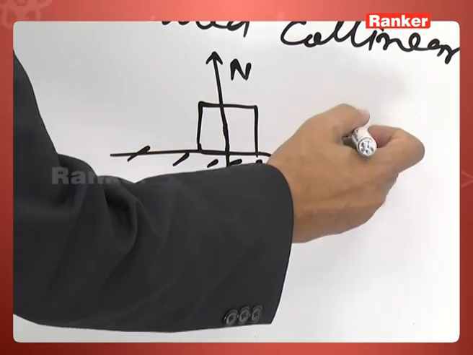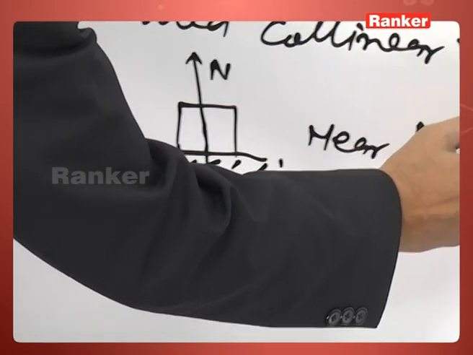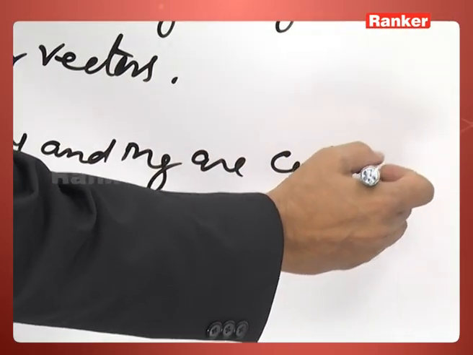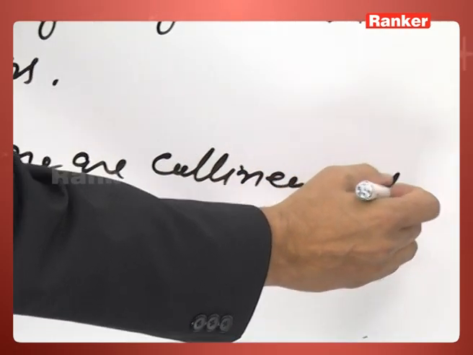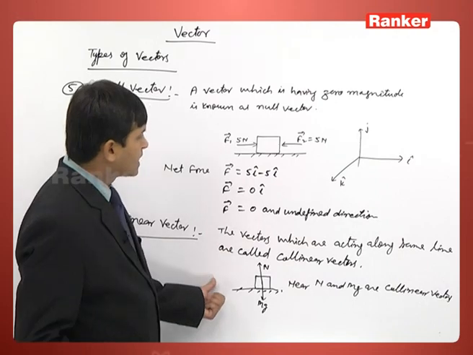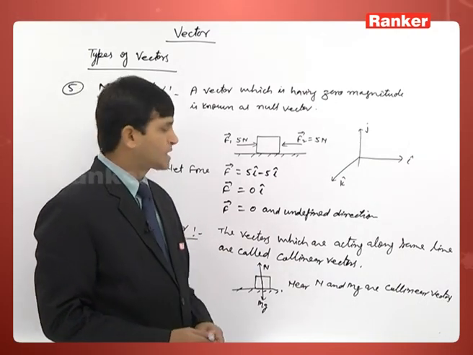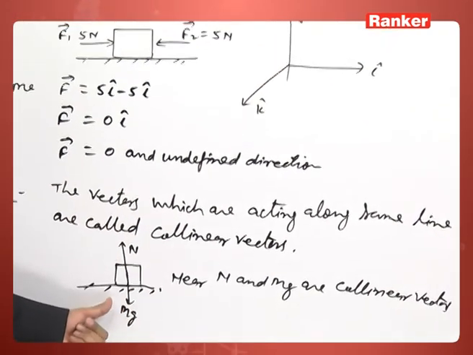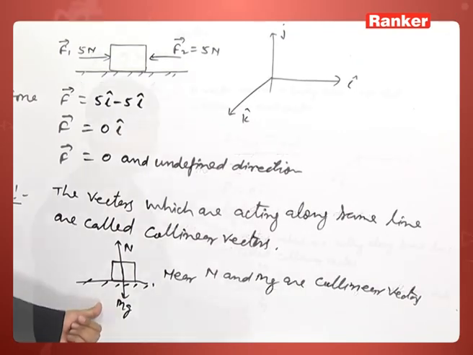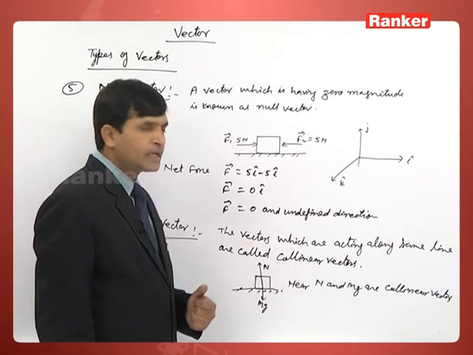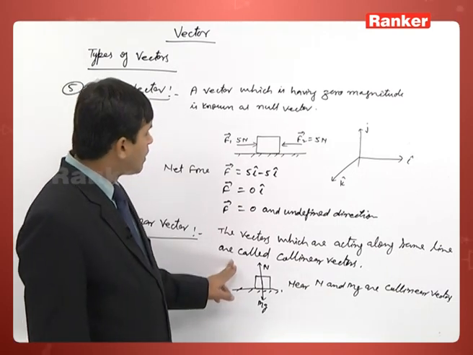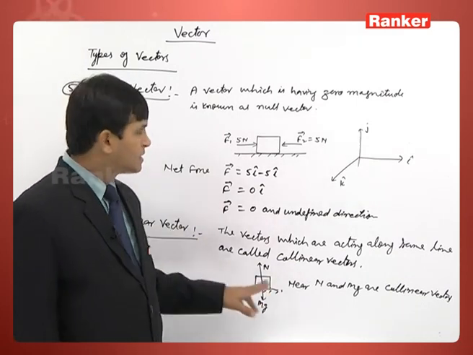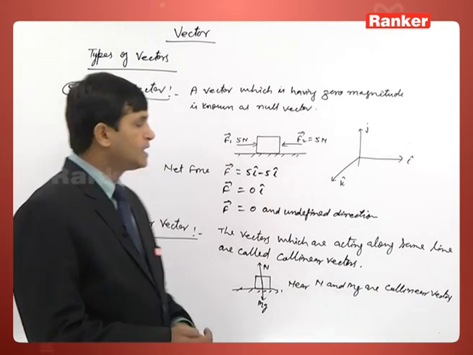Here n and mg are collinear vectors. These forces are acting along the same line of action. These forces can also be called anti-parallel vectors, because the directions of n and mg are opposite. So, all parallel as well as anti-parallel vectors can be studied as collinear vectors.